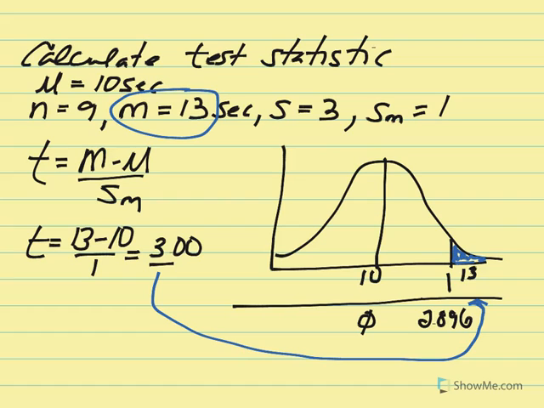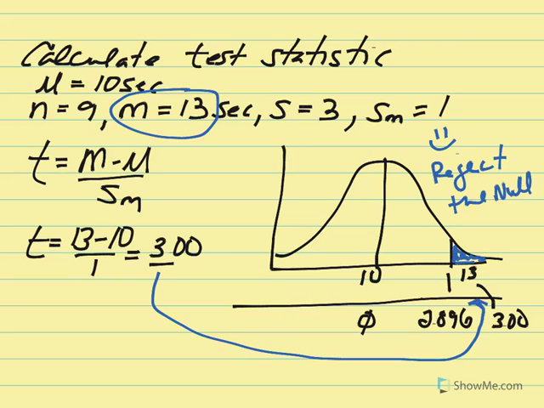And again, since our sample mean of 13 converted into a t-value of 3.00 is in the critical region, we know at this point we are happy, right? We're happy we get to reject the null because of the parameters that were set.